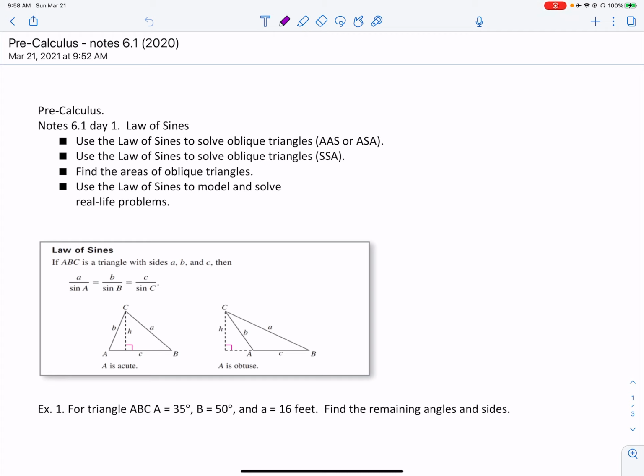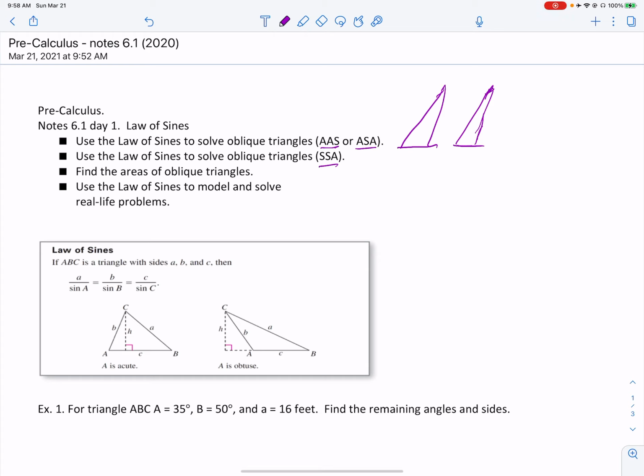So law of sines we'll use to solve when we have angle, angle, side, angle, side, angle, and side, side, angle. I don't know if you remember those from geometry. Let's do a quick review, so we're not talking about triangles that have right angles.